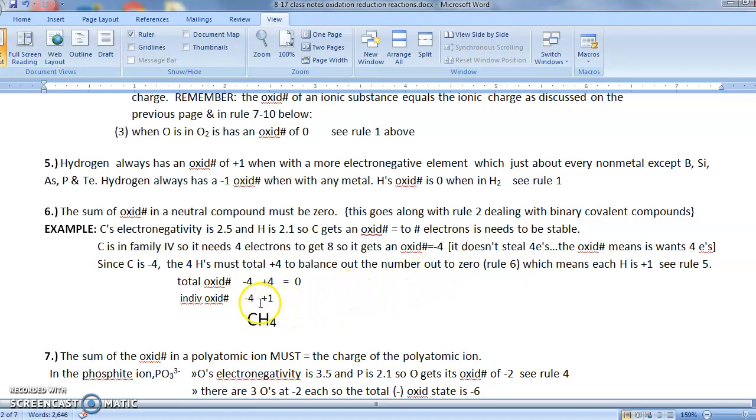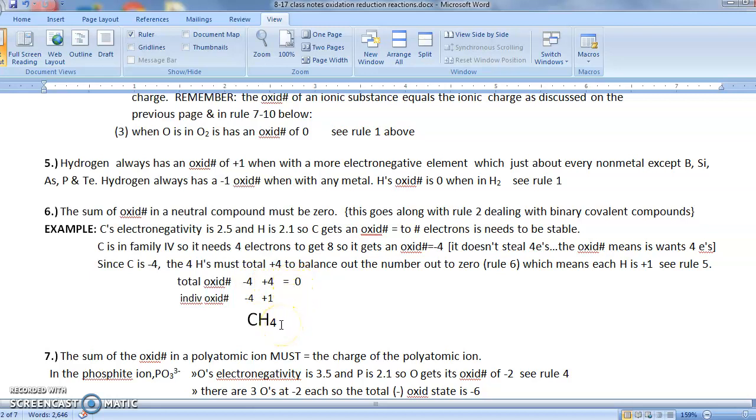So we go ahead and assign carbon -4. We only have 1 carbon here, so the total for carbon is -4. Rule number 6 tells us that the oxidation number of methane, this neutral compound, must be 0, so it must add up to 0. So if the total negative oxidation is -4, then the hydrogens would have to add up to +4, because -4 and +4 is 0.